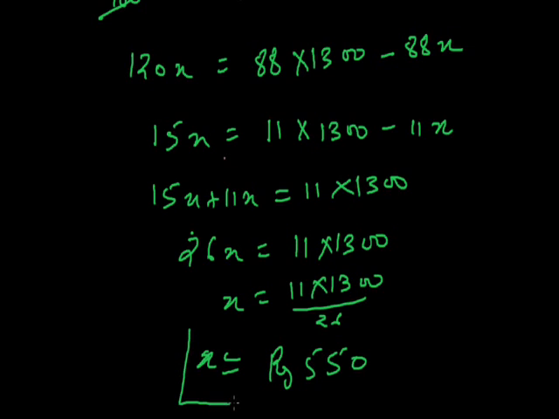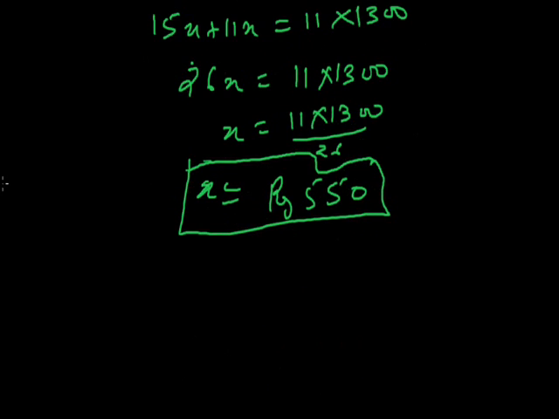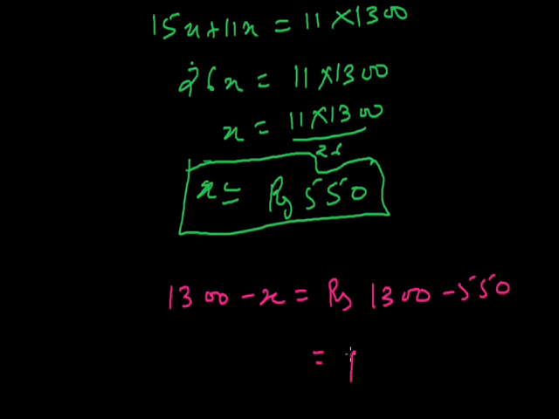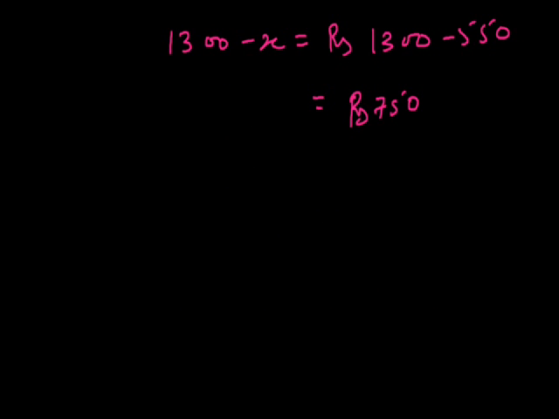So the cost price of one article will be rupees 550 and that of the other will be calculated by subtracting X from 1300, that is 1300 minus 550, which equals rupees 750. Let us see one more example.